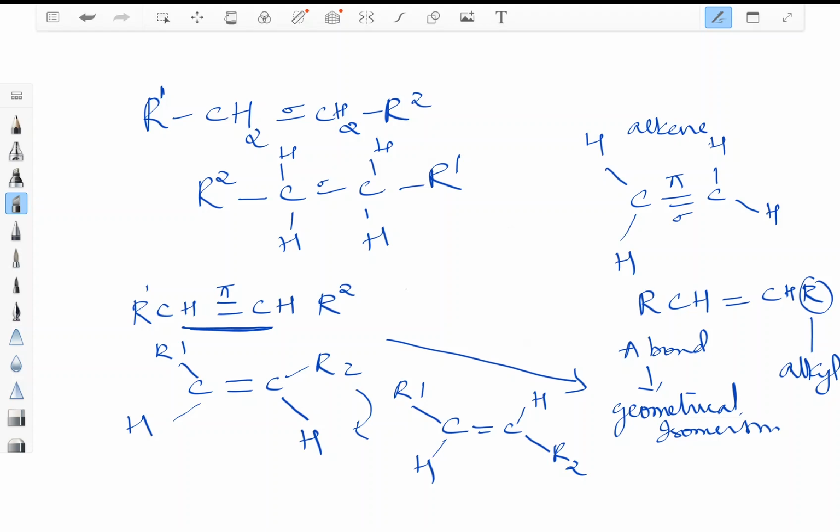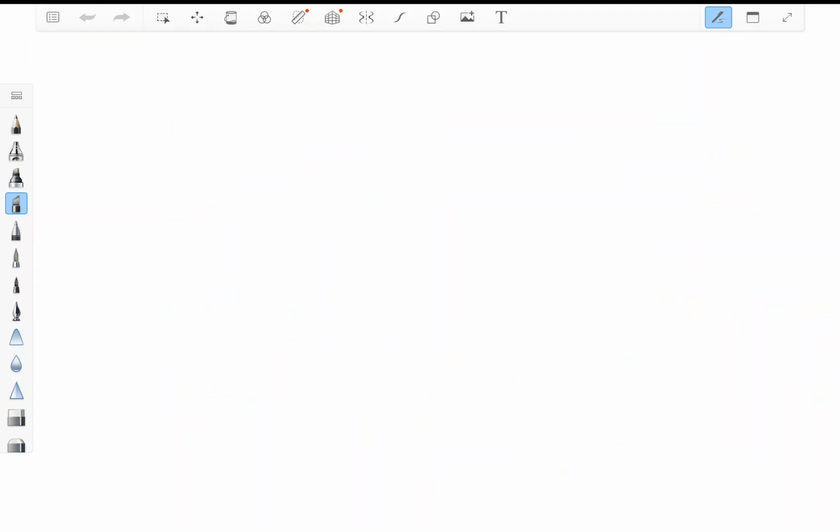So if they are on the same side, and if R is CH3 with H and H, this compound is called cis, and how many carbons? 1, 2, 3, 4, butene.